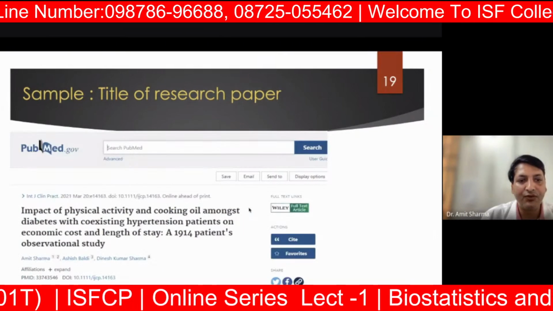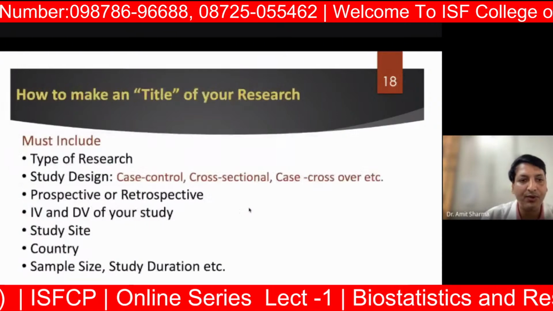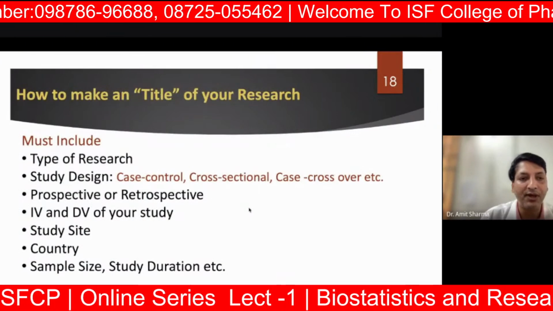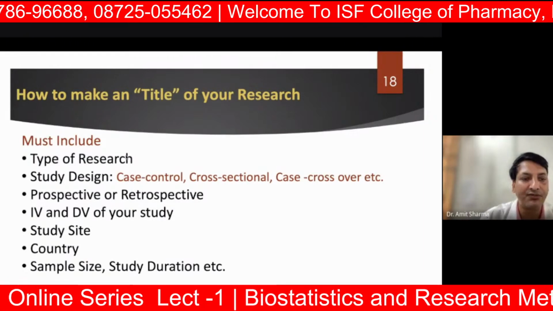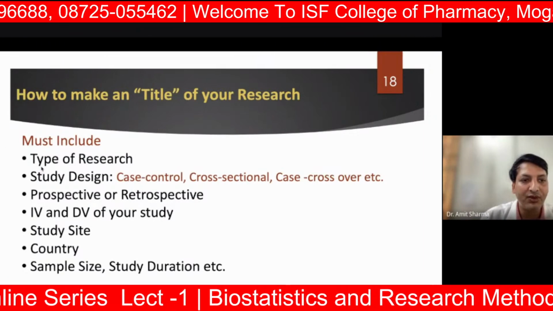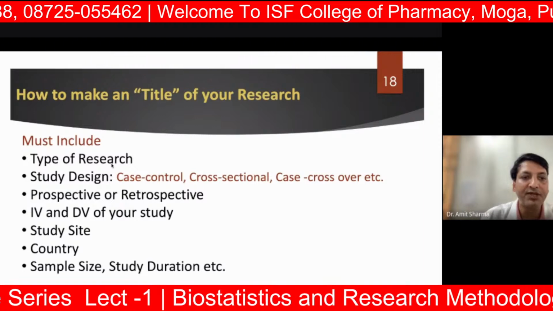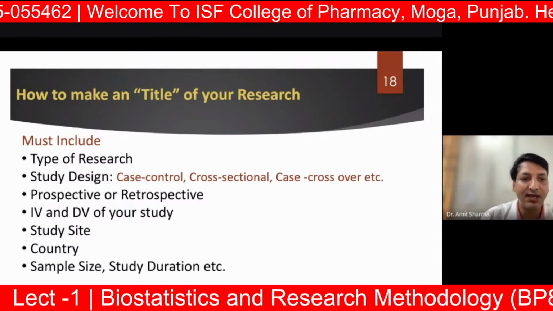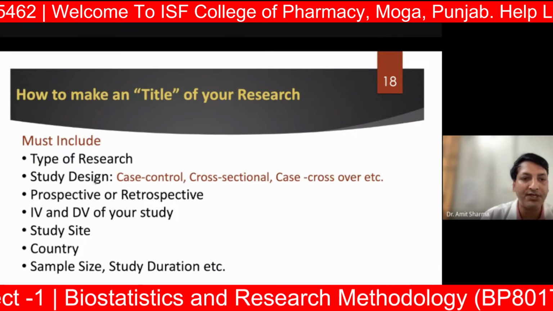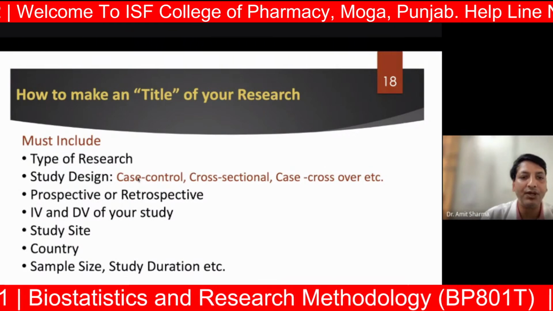So these are a few examples which I have shown you, but the things you have to remember whenever you make the title of your research work: make sure that the type of research and the study design you have opted for are included in the title.